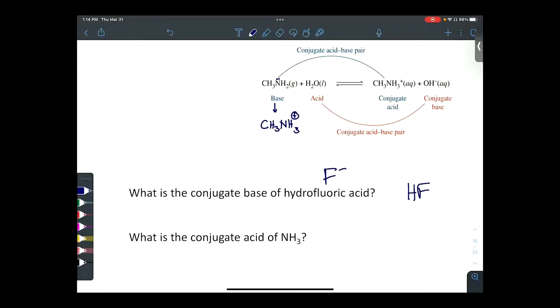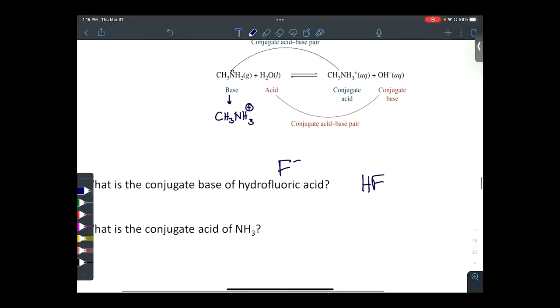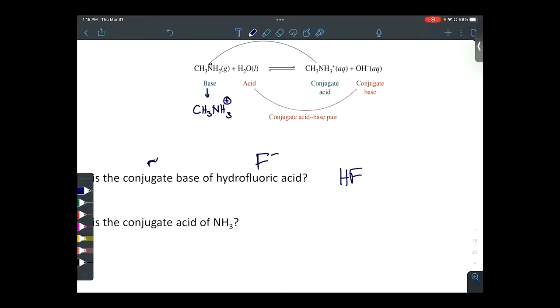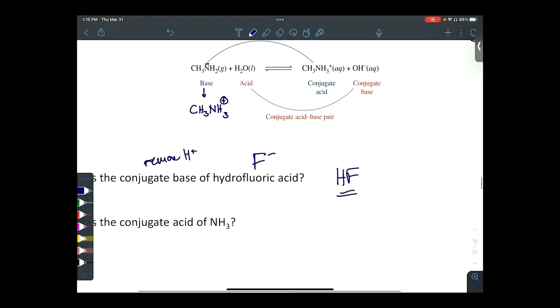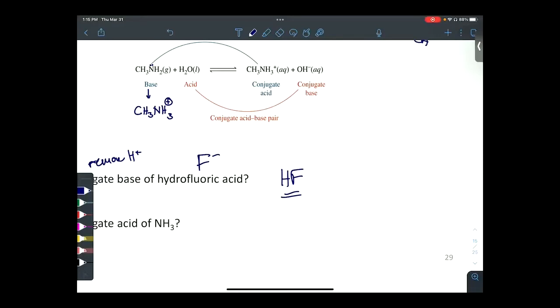So are we going to add a hydrogen or remove a hydrogen? Remove, yes. We're going to subtract or remove an H+ from this formula. So when we do that, our conjugate base is going to be F-. All right, so next one.